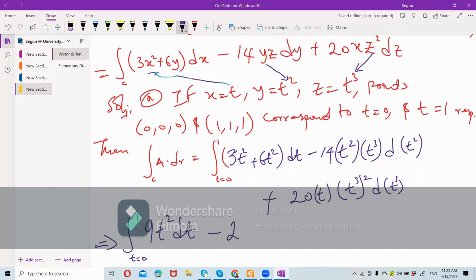Are we together? This will be 28 t to the 6 dt plus, remember this is raised to power 2. When you settle it, how do you settle this one? Anybody?